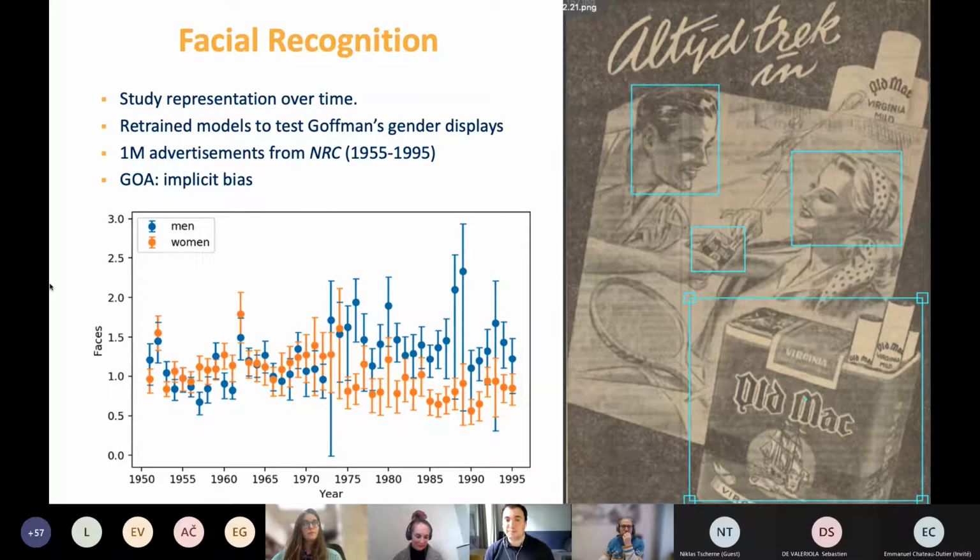But I think it can also be a very powerful tool to come to grips with these patterns of historical representation of men and women, of racist representation, sexist representation. So all sorts of these different biases that can exist in historical collections.